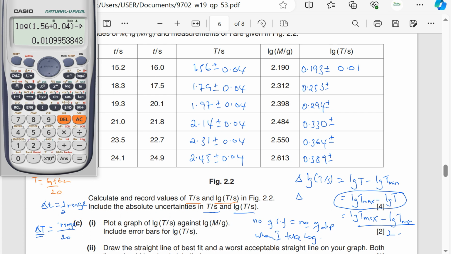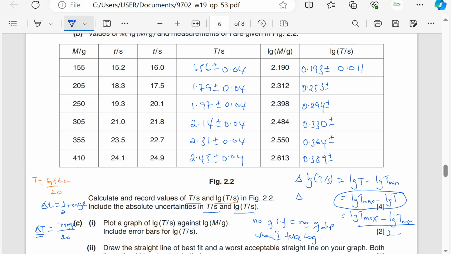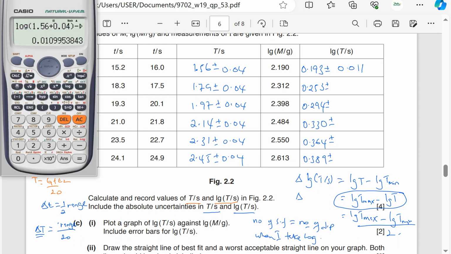Okay, let me check the second one. Or you can write 0.011 to have the same number of decimal places. That is also fine. A mixture is fine, but plotting is the challenge.